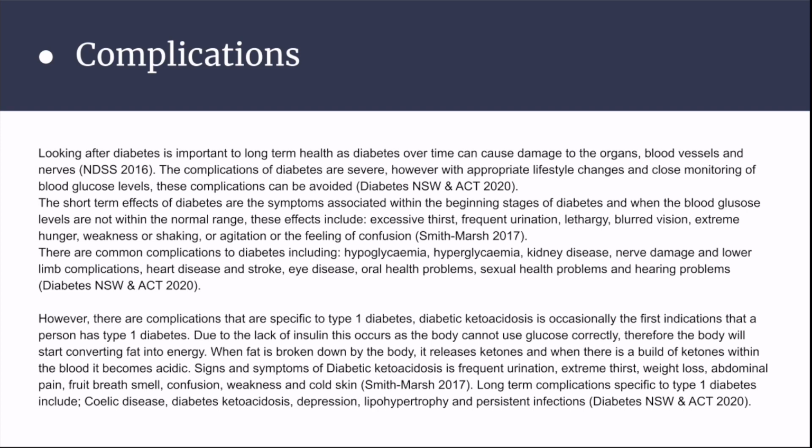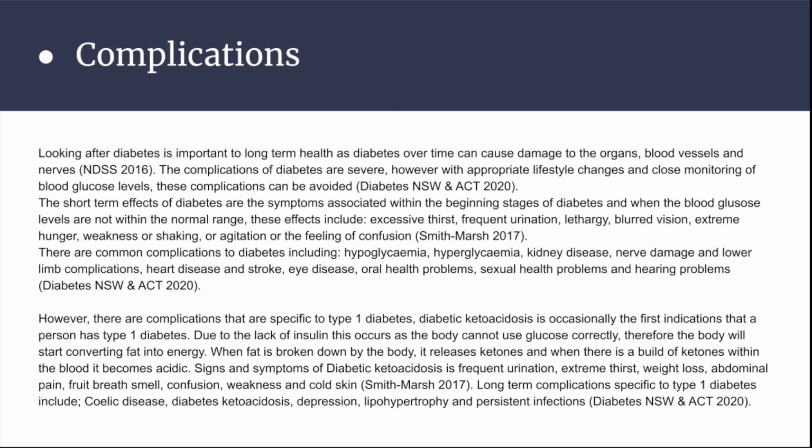The short-term effects of diabetes are the symptoms associated with the beginning stages of the disease, and when the blood glucose levels are not within the normal range. These short-term effects include excessive thirst, frequent urination, lethargy, blurred vision, extreme hunger, weakness or shaking or agitation, or the feeling of confusion. These are the common complications of diabetes.